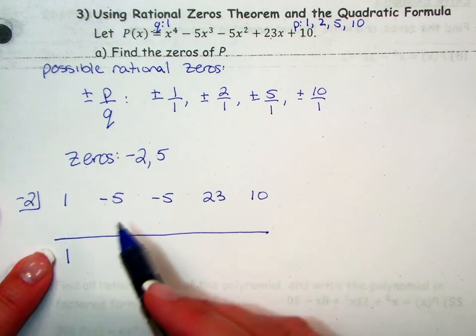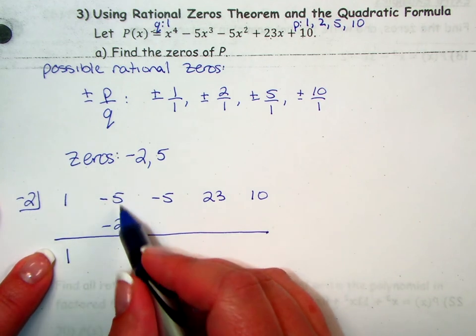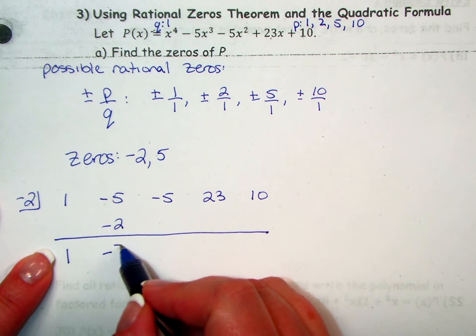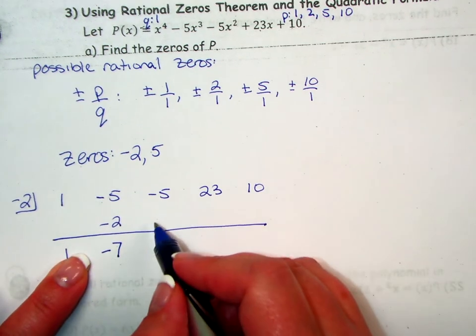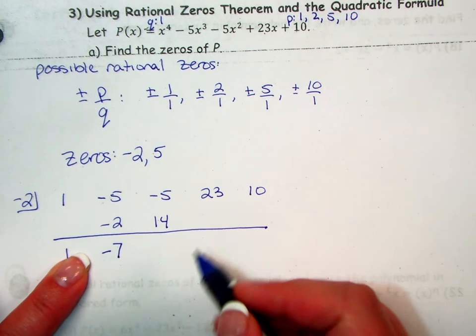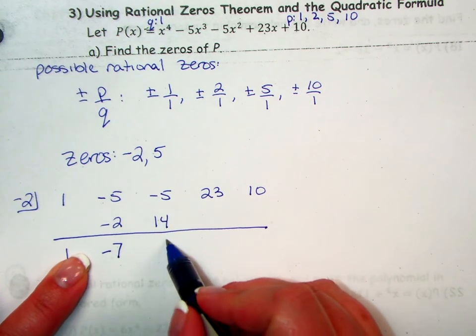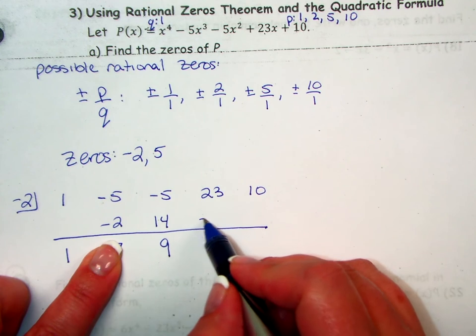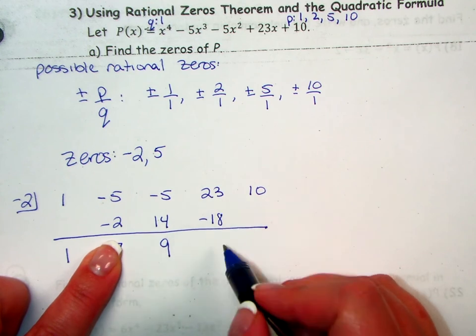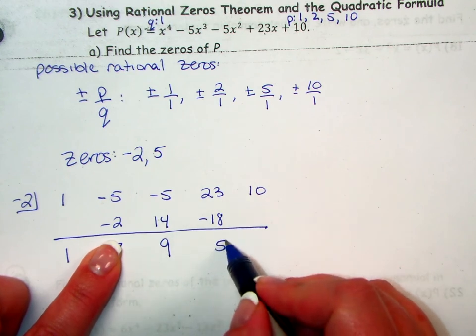So -2 times 1 is -2. Add down. Okay. Now we're going to do -2 times -7 and get 14. Add down. Now we're going to do -2 times 9, which is -18. Add down.